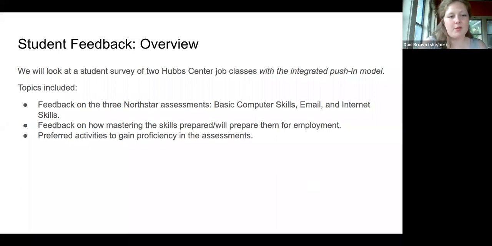We asked them a couple of different questions, and they preferred more hands-on activities or having a teacher in the classroom, unsurprisingly. They also preferred activities to gain proficiency in the assessments. So they liked things that were directly related to visible results.